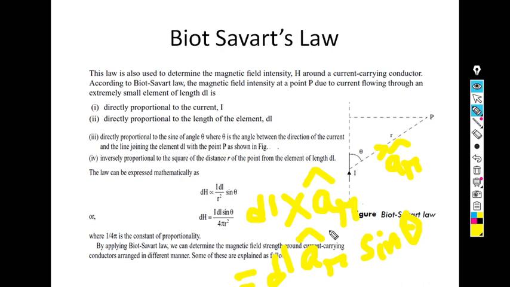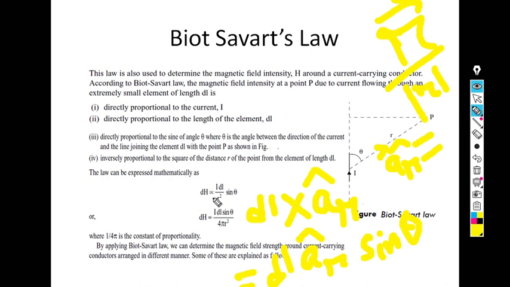Now we know a r cap is equal to the position vector r by mod r. So if I put here dl cross r by mod r, multiplied with the other r, we get r cube.